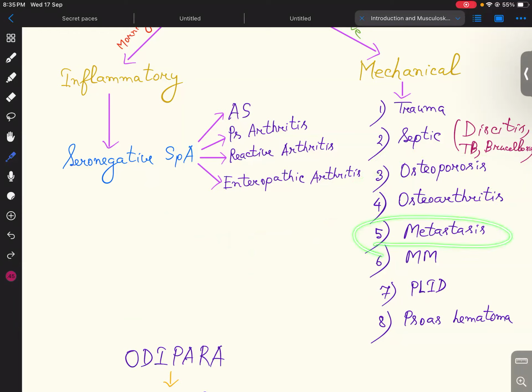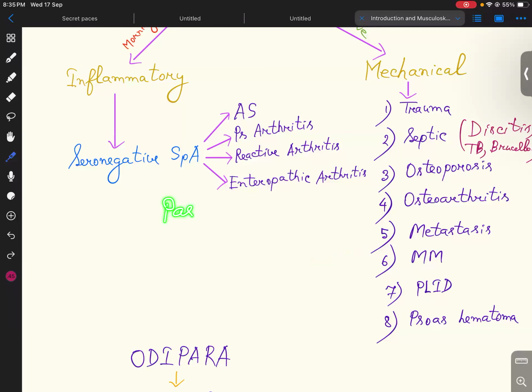In metastasis, you will directly get a clue from the past medical history. If the patient has a past medical history of breast cancer, then this can be due to recurrence or metastasis. The patient can tell you that he had a history of resected prostate cancer. This can be a case of metastasis. So in this way, the metastasis case comes.